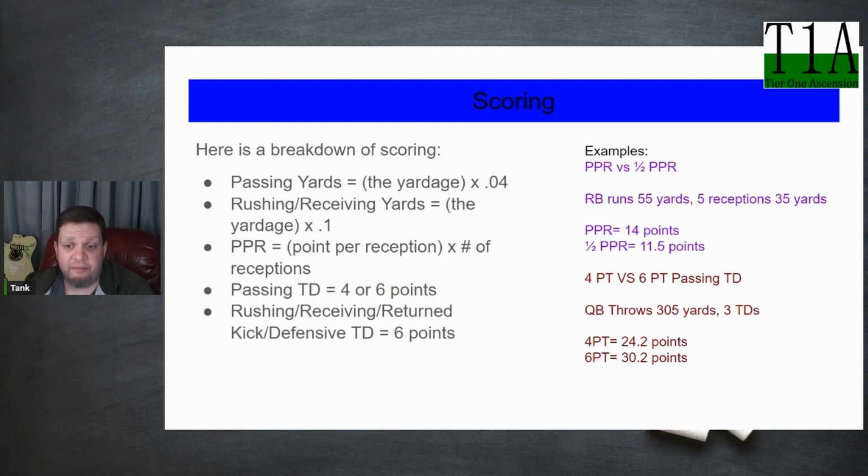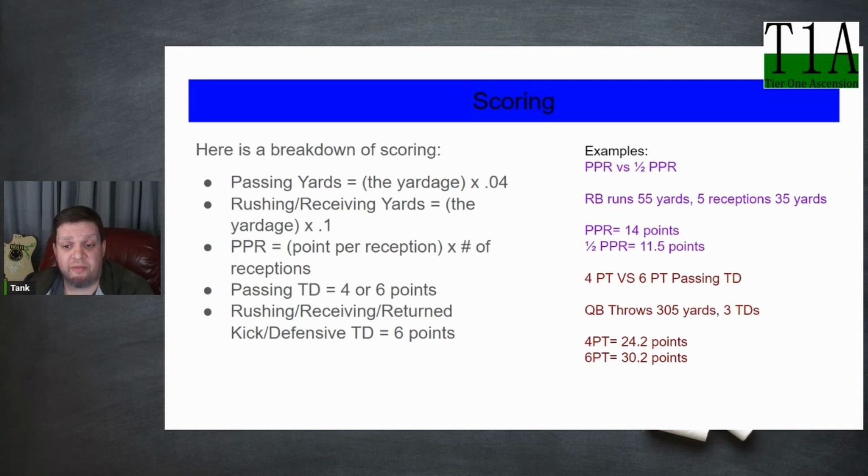So that's 2.5 points plus the 9 for adding your yardage of 55 yards and 35, which is 90, times it by the 0.1, so you're getting a tenth of it, and that's going to be your 9 points. Plus 2.5 is 11.5.